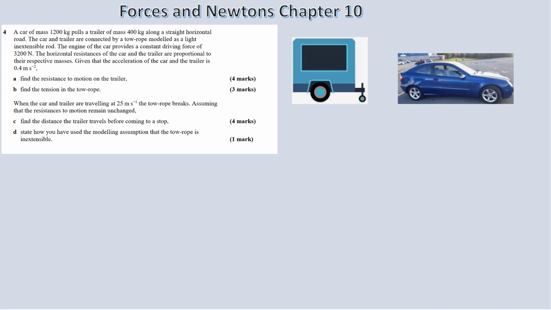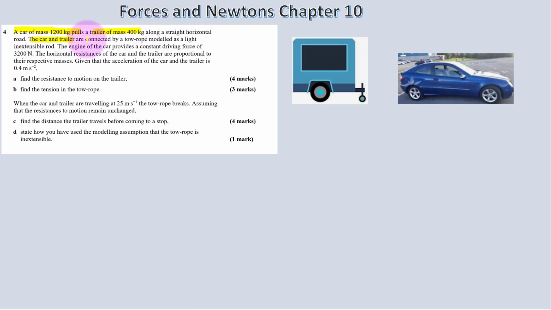Okay, so this question caused a lot of confusion for some people, but once I break it down, all will become clear. Now, questions like this, the understanding of it is all essential skills to do well in mechanics. Now, you've got a car of mass 1,200 kg, pulls a trailer of mass 400 kg along a horizontal road.